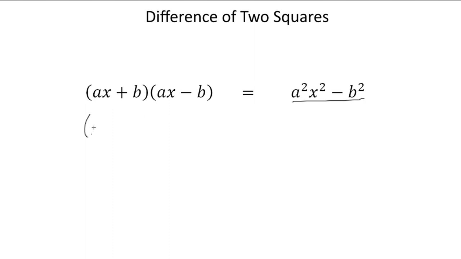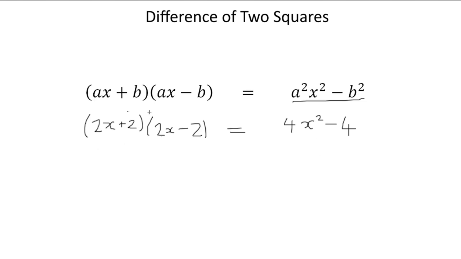So let's say, for example, we have 2x plus 2, and then we have 2x minus 2, and that will give us, if we use the equations here, let's say a is equal to 2, so 2 squared is 4, and then you just have x squared, and then b is also equal to 2, so we are left with 4, and that is what we get, 4x squared minus 4.